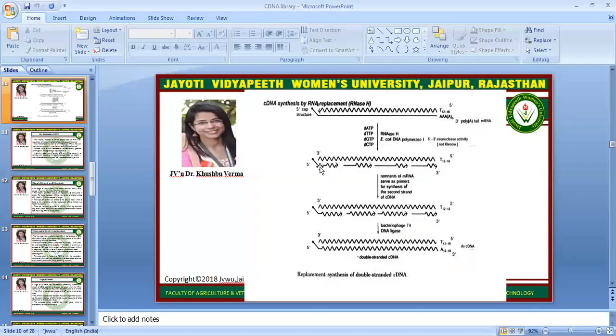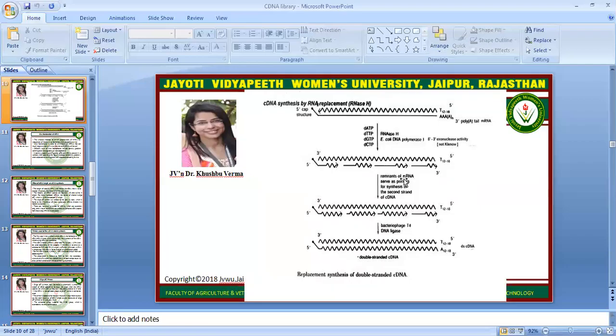This is cDNA synthesis with the help of messenger RNA, and after that the RNA will start to degrade, and the remnants of the messenger RNA will serve as the primer for the synthesis of the second strand of the cDNA.